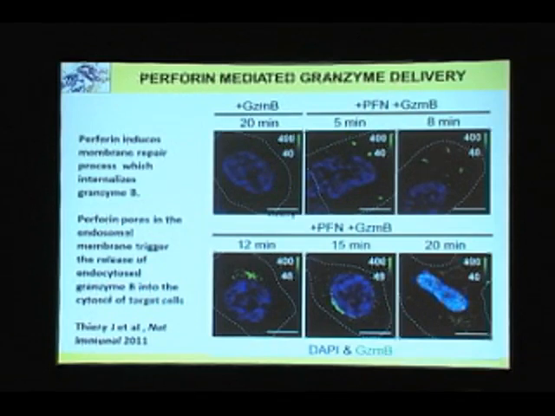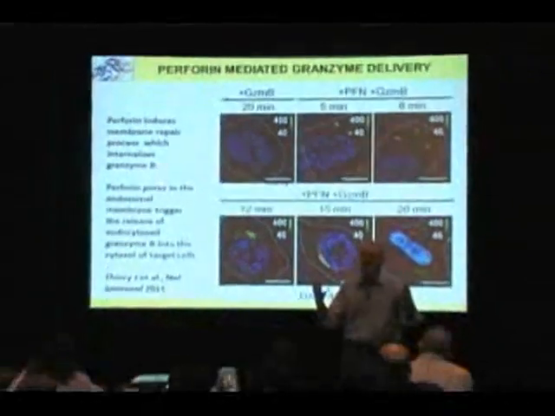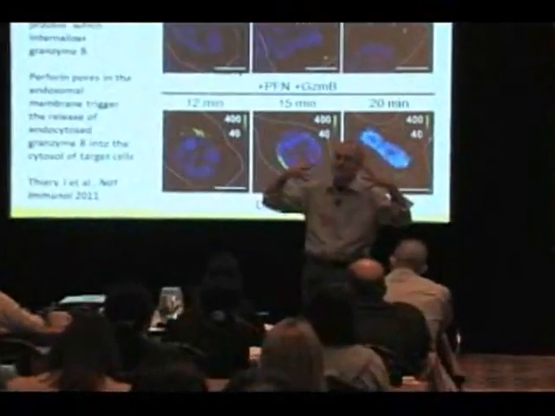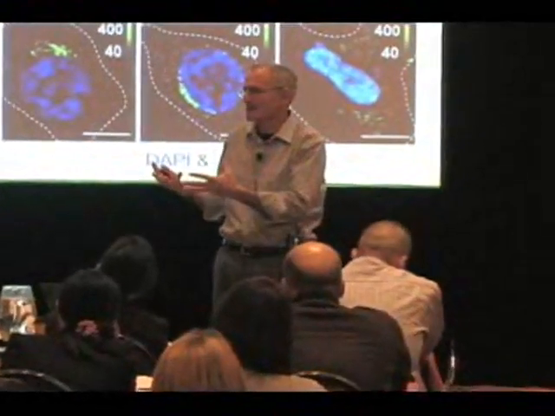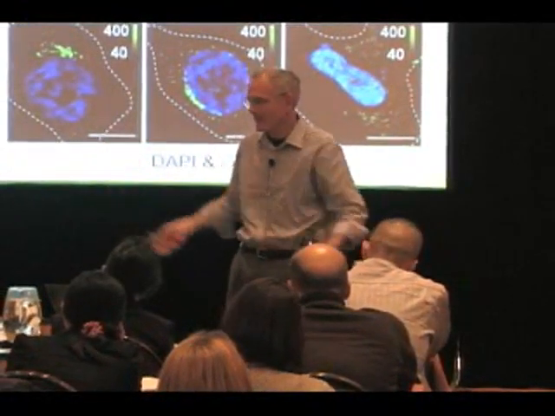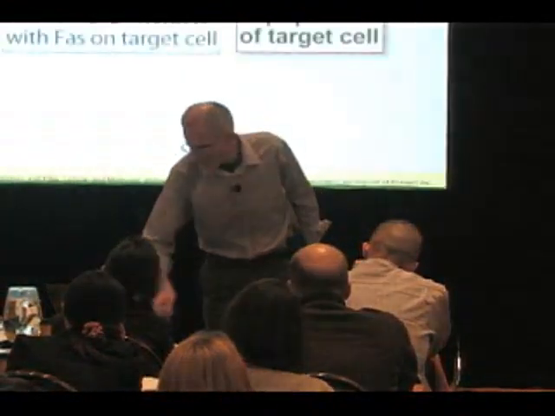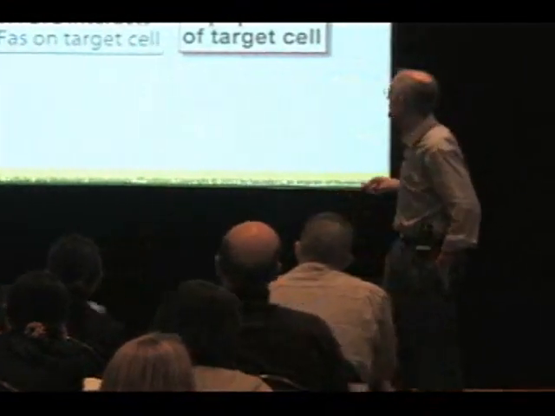And what is thought is happening is that perforins will perturb the target cell membrane. As part of the reparative process, the membrane will swallow up both the perforin and the granzyme. And then, once again, the perforin is in the endosome and will disrupt the endosomal membrane and allow the granzymes to get out. So that's the best I can do, at least, in explaining how you need perforin, but you absolutely need it for CTL function.